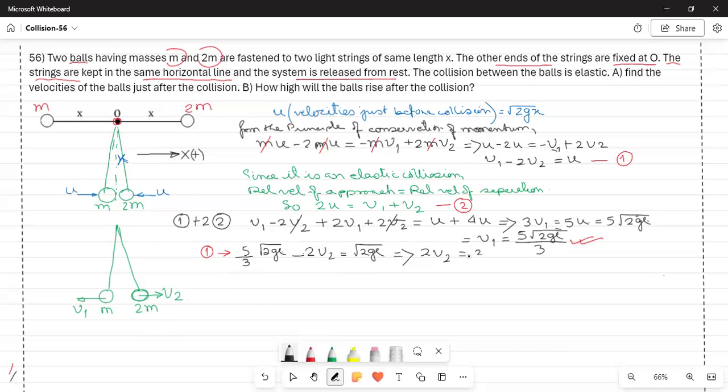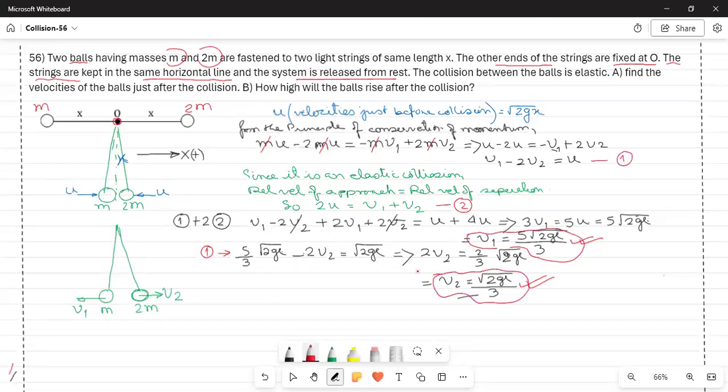This is equal to 2 by 3 into root 2GL, so there you get V2 is equal to root 2GL by 3. So we got the values of V1. This was the answer wanted.